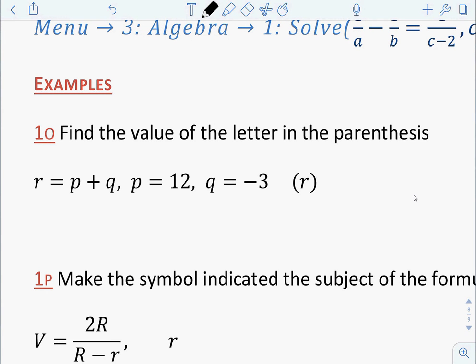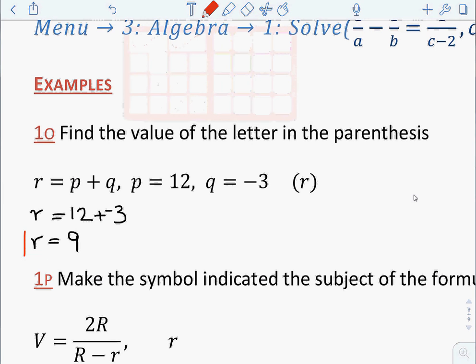Given that we know what p and q are, our first step here would be a substitution. So we're going to get r is equal to our p value, which is 12, plus our q value, which is -3, which means that r will be equal to 12 minus 3, or 9. Box our solution. Moving down.